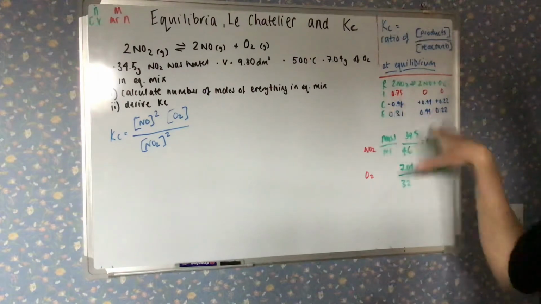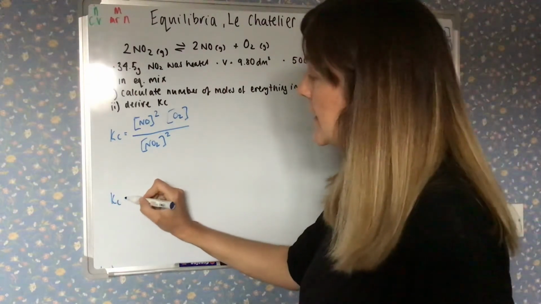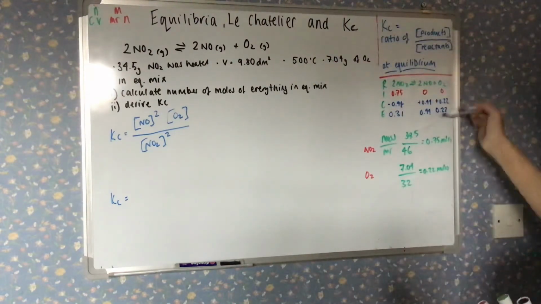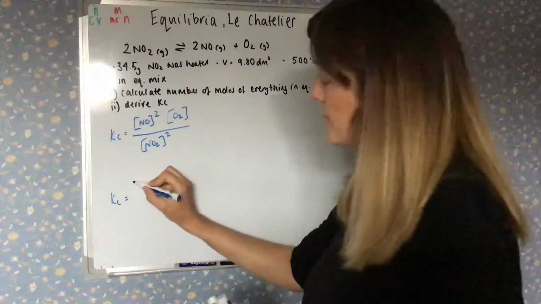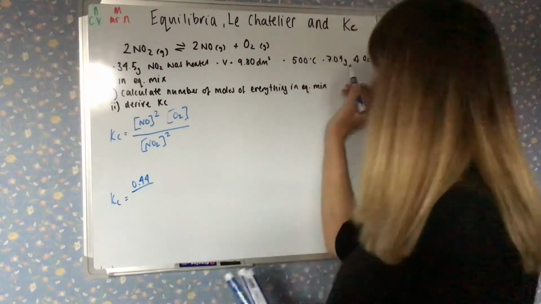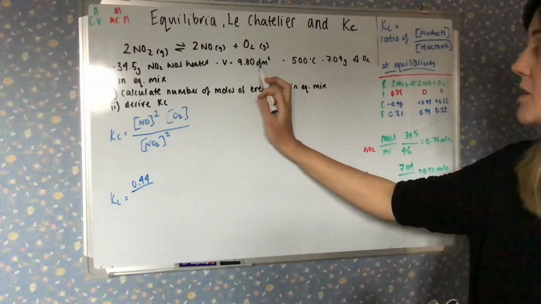Okay, so now we can put our actual numbers in. Kc is equal to NO, so we've got 0.44 divided by our volume, which is already in decimeters cubed, which is great.